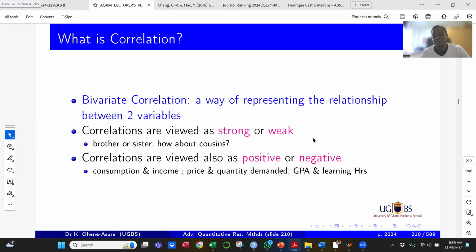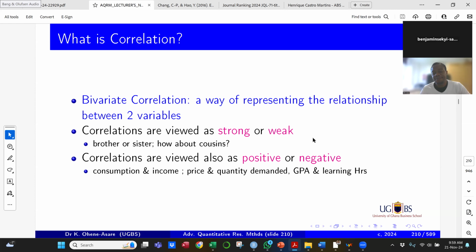Explain. Because price and quantity demanded, if the price is high, the demand will be low. And if the price is low, the demand will be high. And that is what relationship? That will be negative rather, not positive, negative.